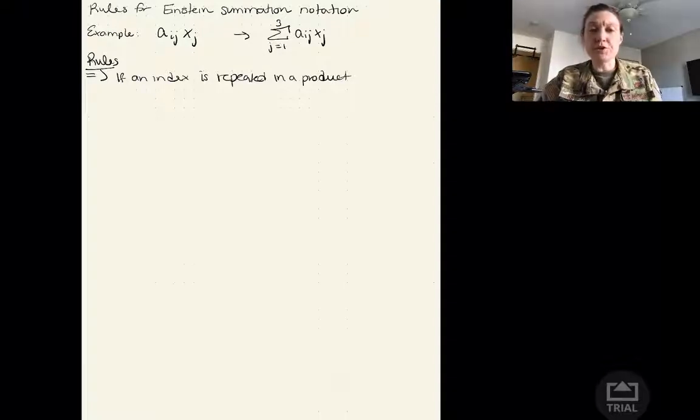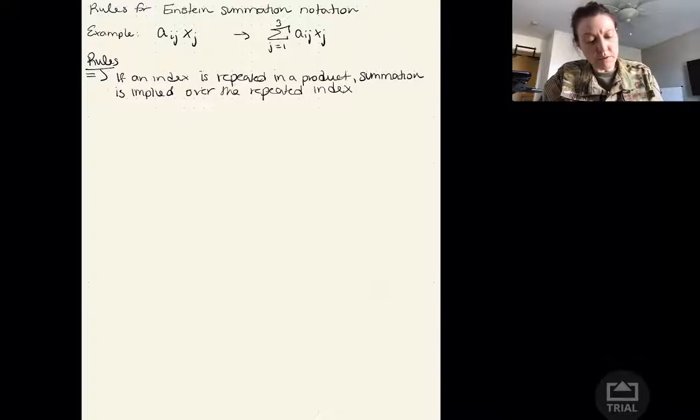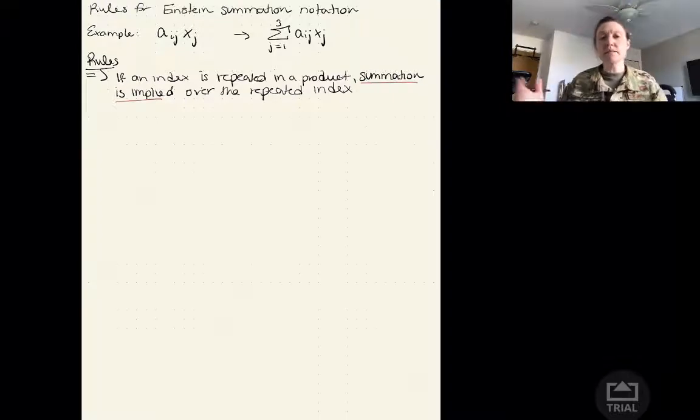Now notice we only have one term here, but if we had multiple terms, this would apply to every term individually. This is actually the most important rule: summation is implied if the index is repeated. Okay, this is Einstein's summation notation. So we all agree that if we remove the sigma notation and an index is repeated, then we assume we're supposed to sum over that index.